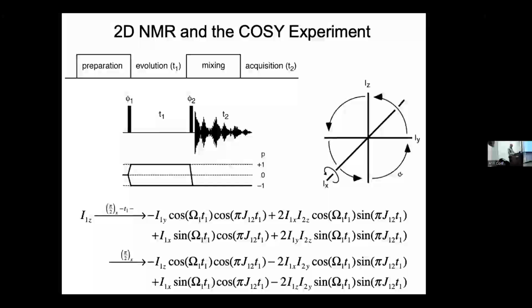So during T1, that operator will evolve at the frequency omega-2. Assuming omega-1 and omega-2 are different, they're going to have different time dependencies on the variable T1. So as we change T1 and record different signals, our detected signals are going to be modulated by the frequencies that evolved during the T1 period.